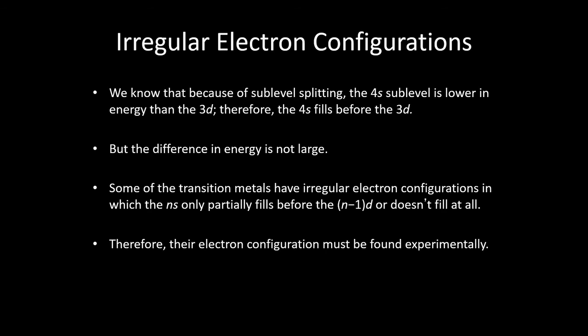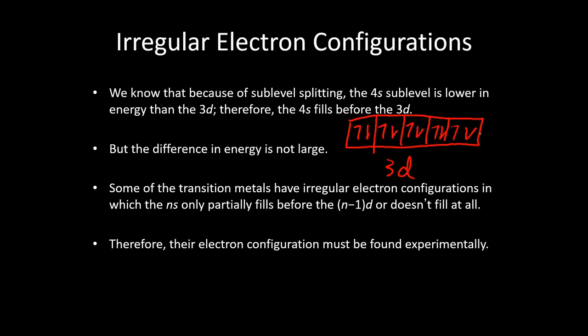These irregular electron configurations, as we call them, usually crop up because it is energetically favorable to have a certain arrangement in the d sublevel. Say we have the 3d here, for example. We have 5 orbitals available in the 3d, and it is energetically favorable to either have it half full, so 1 electron in each of those orbitals, or to have it completely full.